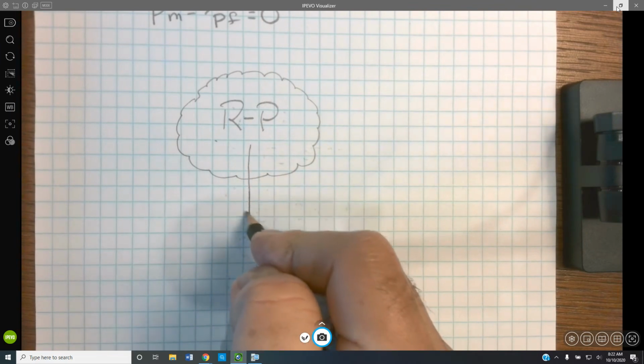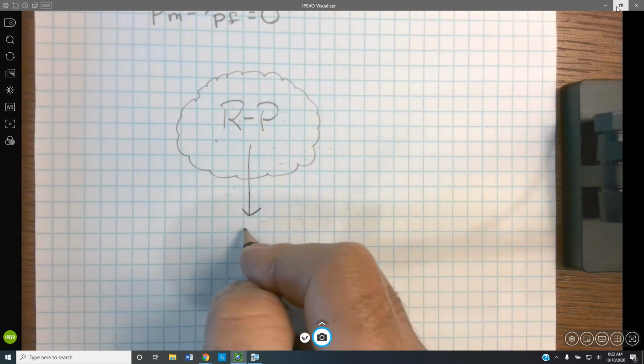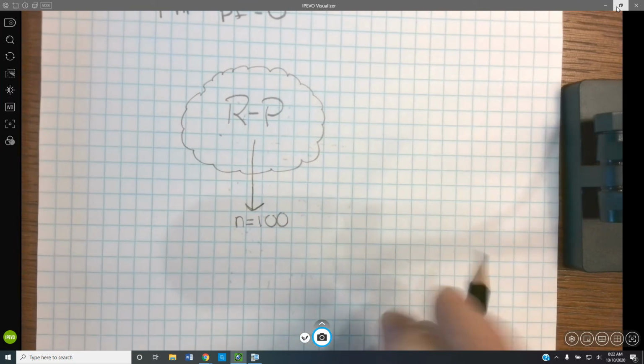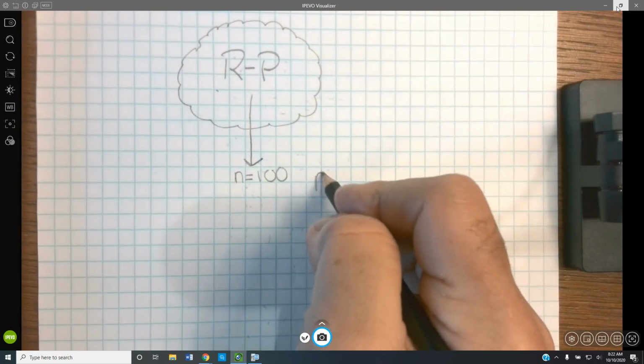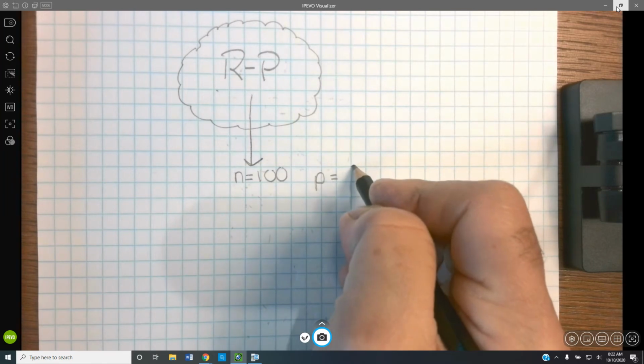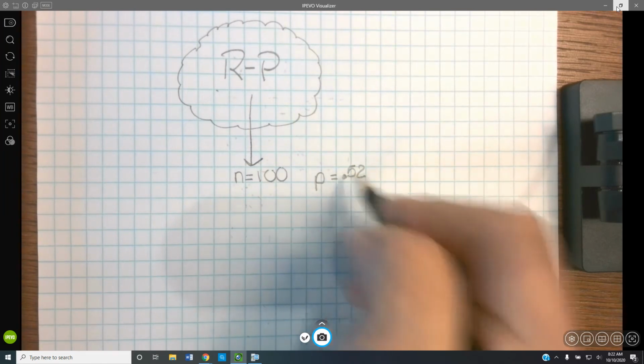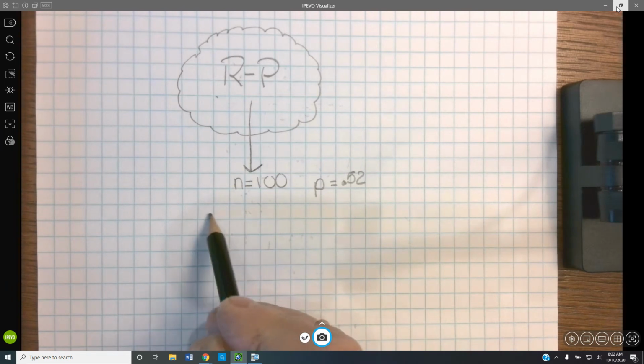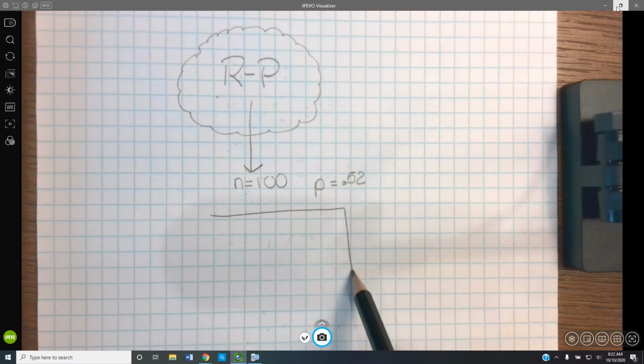We just pulled out of there a sample of n = 100. So we reached in and grabbed 100 of them. And from that n = 100, we got a p-hat value of 52, or 0.52 orange. Okay, so let's think about that as a new population, if you will.